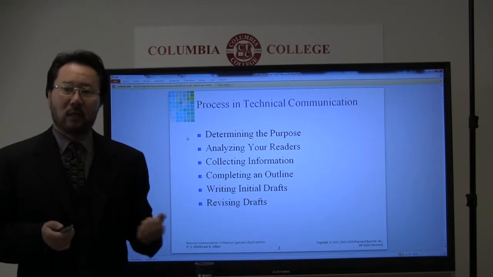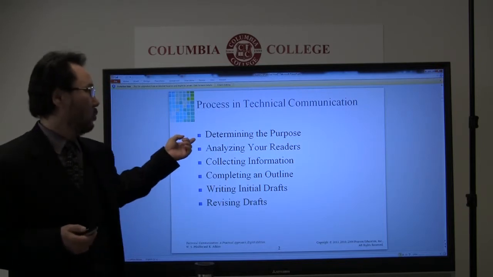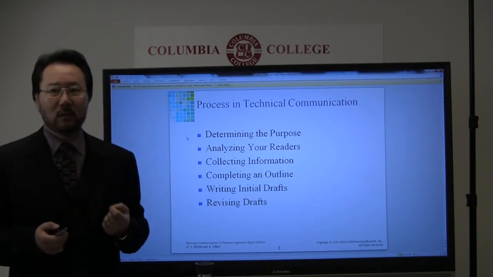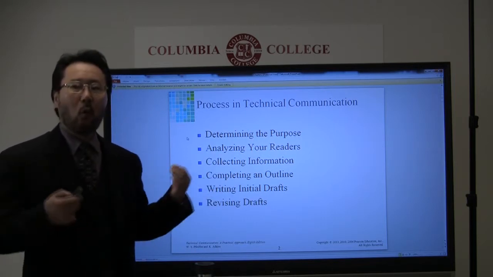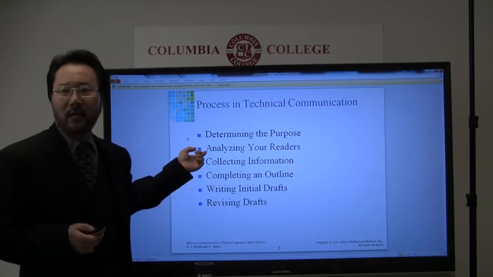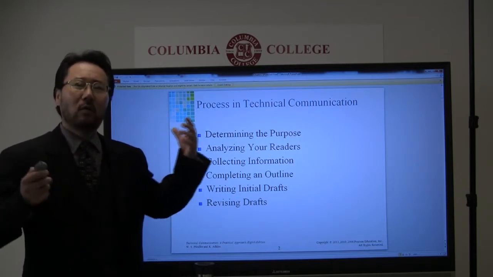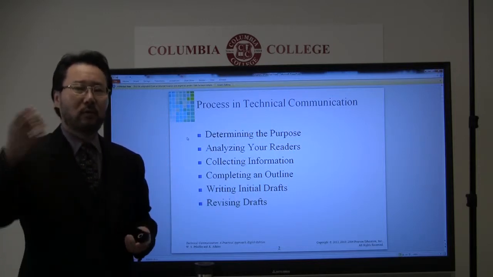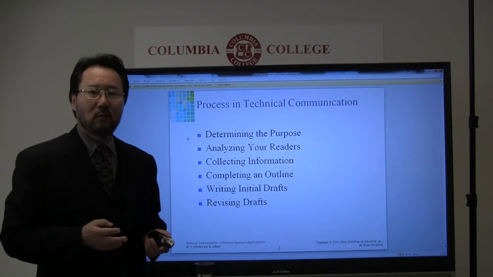The process is laid out as, first, we determine the purpose of the writing, what we want to write. Why do we want to write? Secondly, we analyze who our reader is. First, what am I trying to write?